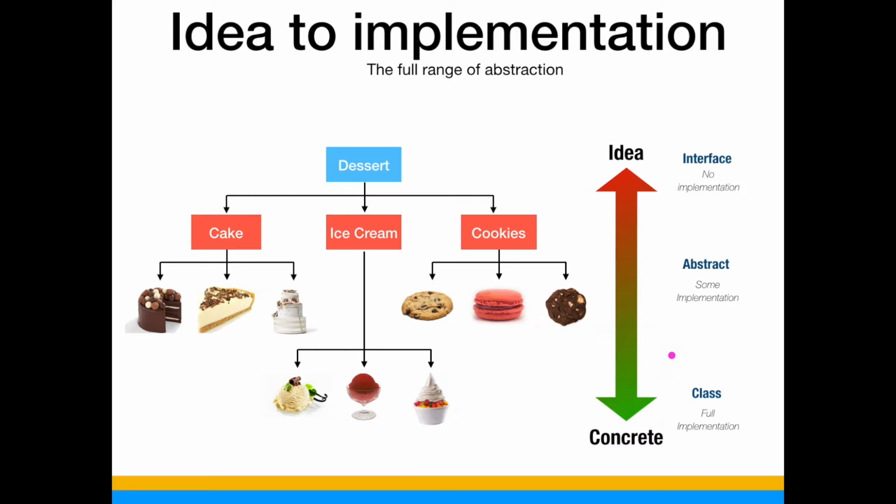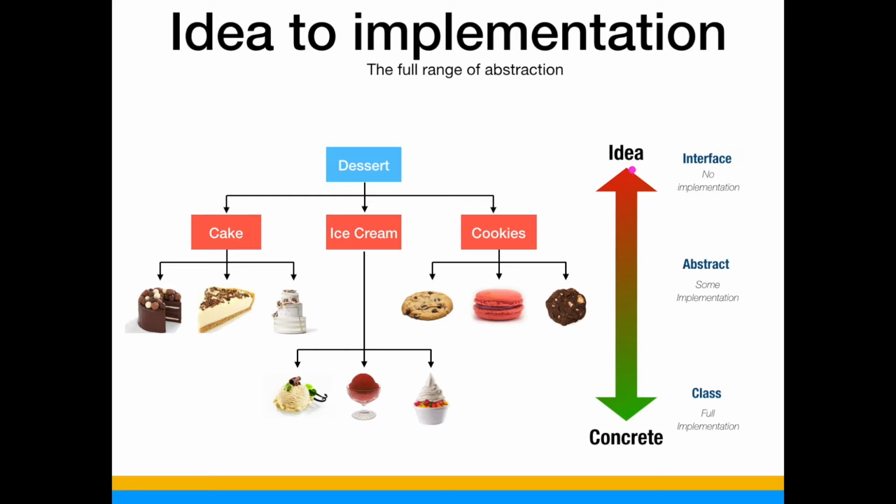So Java does provide ways of defining that a dessert is a dessert, even though we technically don't know which desserts are going to be served. We just know that certain requirements need to happen, for example, it being sweet or being served at the end of the dinner. Those are the requirements for a dessert.